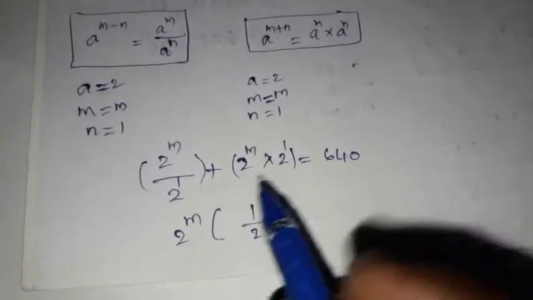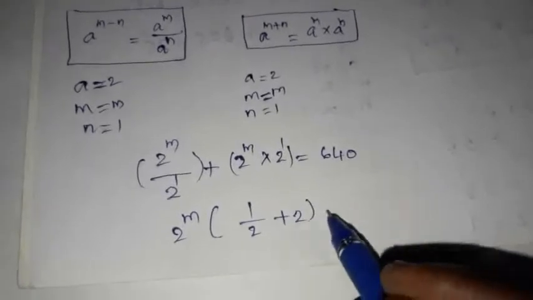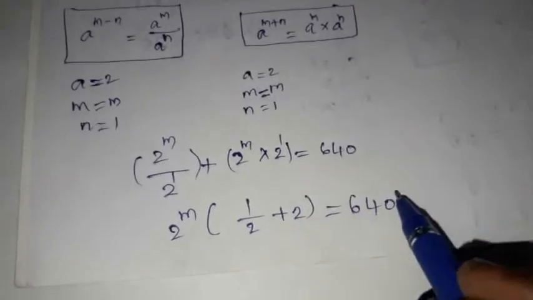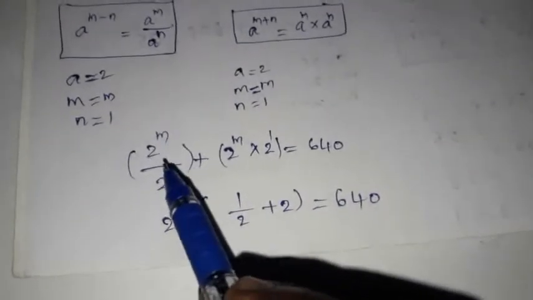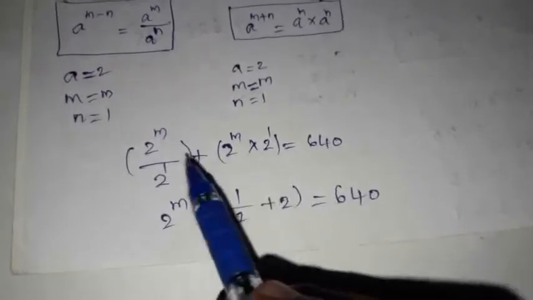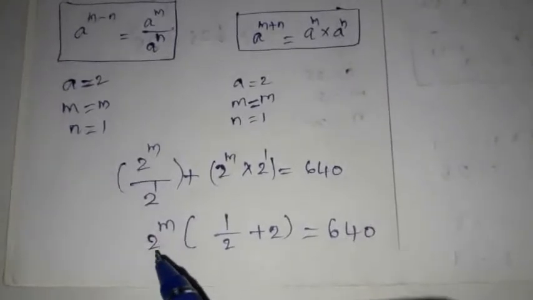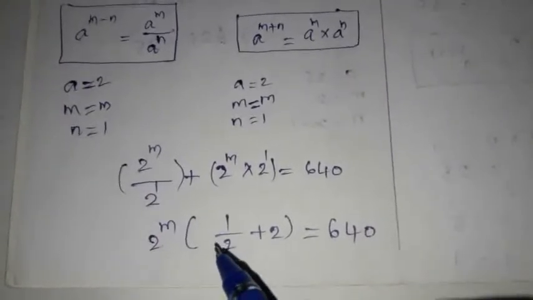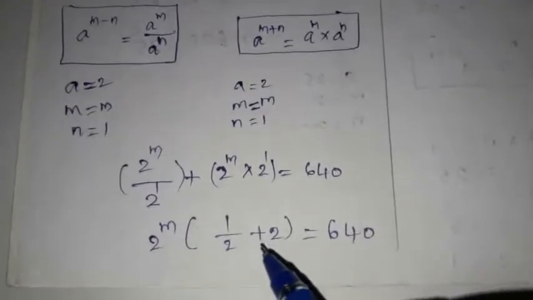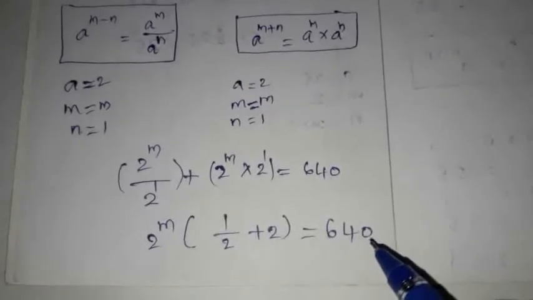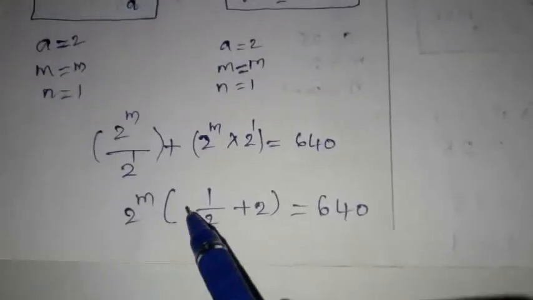The number 2 power m is in both the terms, so we take it outside. After taking 2 power m outside, it will become 2 power m into 1 by 2 plus 2 equal to 640. Next we have to simplify this bracket.